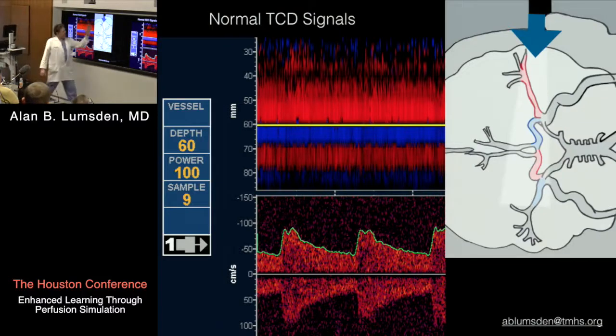Because the advantage is it's all axial in this situation, all in one line. So when you put ultrasound in here, you can adjust the depth of the beam. So you can say at 5 to 6 centimeters, tell me what the flow pattern looks like, and it will show you what the flow pattern is in the middle cerebral artery on that side, and it will tell you that that's middle cerebral artery flow.